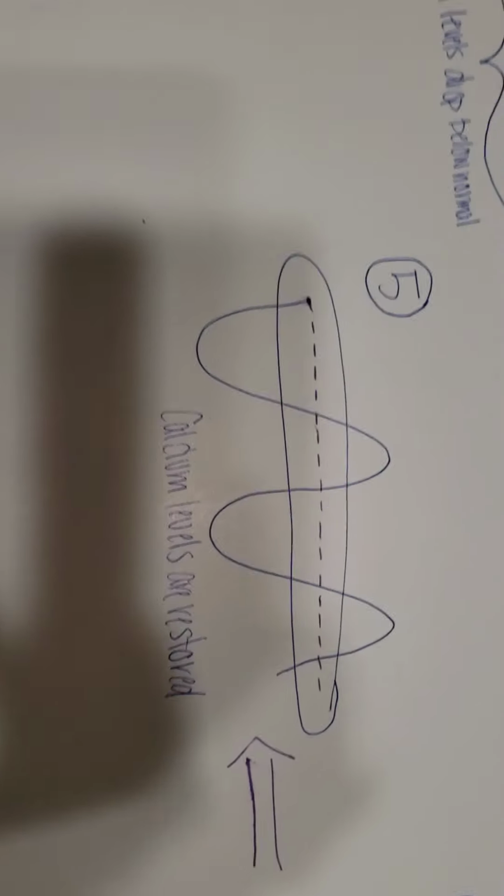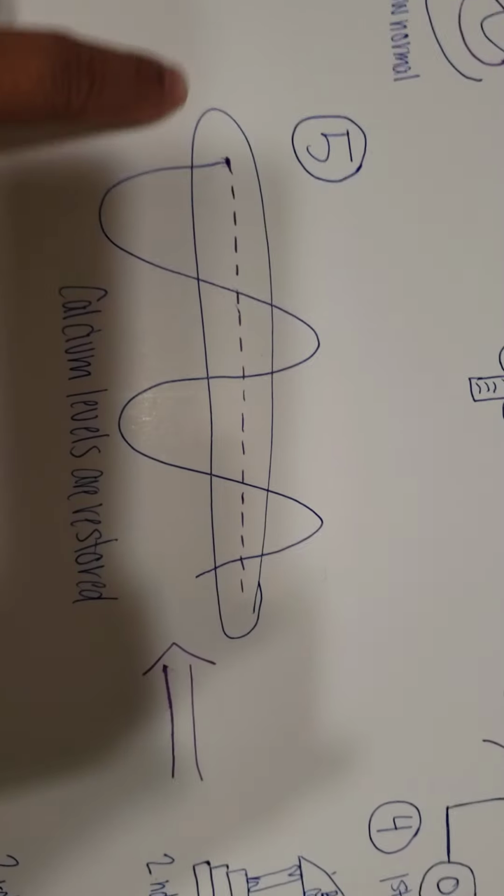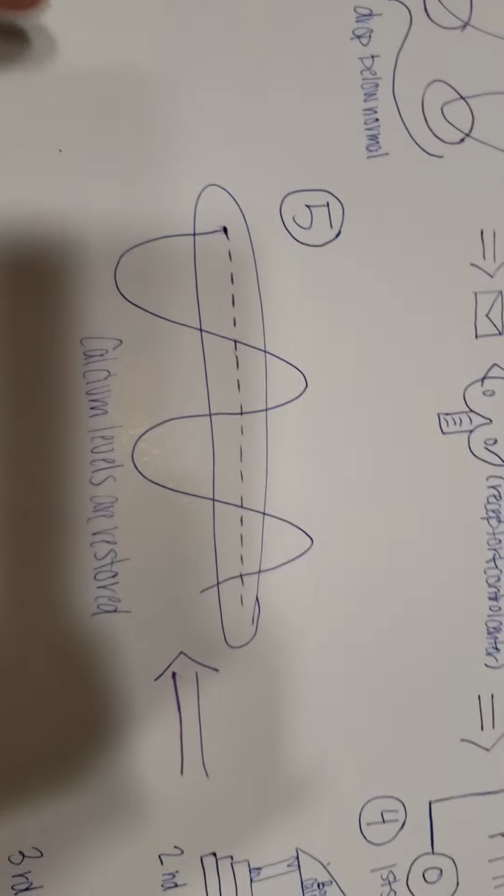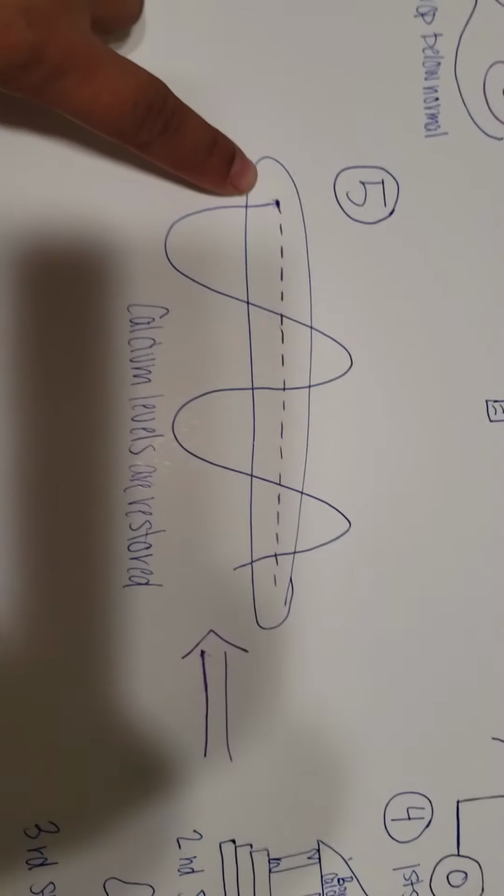That takes us into our last step, which is the stabilization of the calcium. This is our normal level, and this is what our end goal was. That's why we started this whole system anyway, and it has been reached.